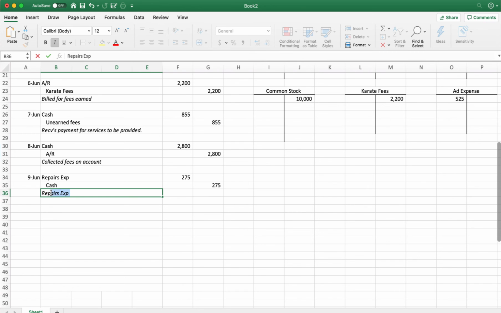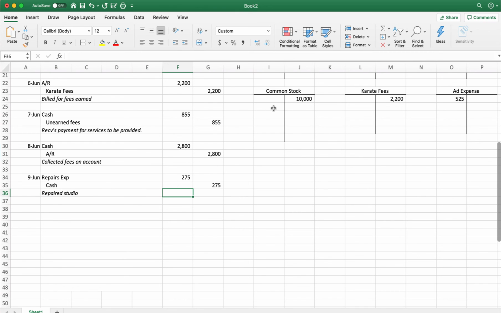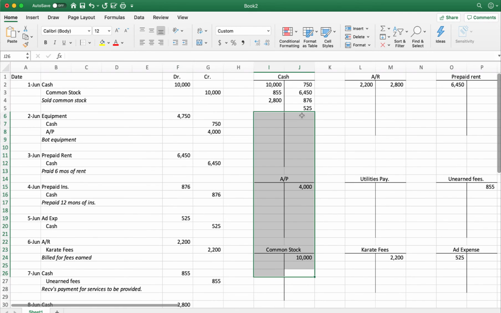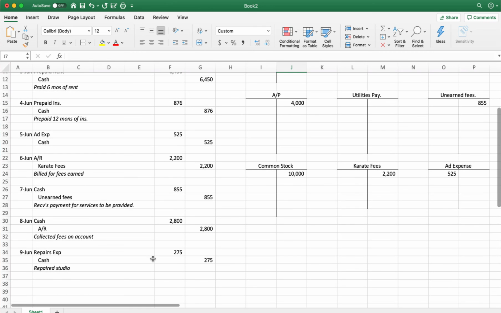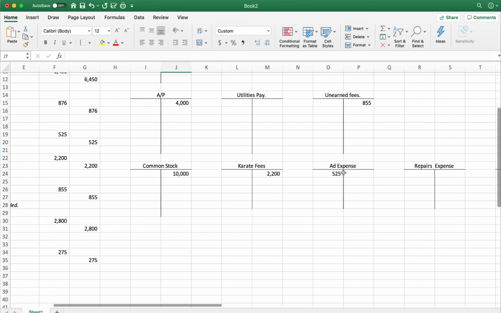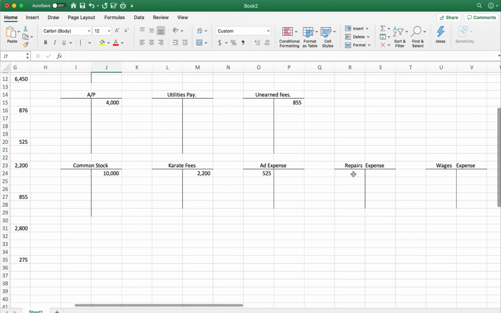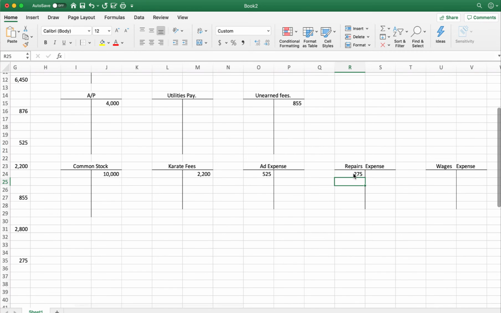I'm just going to say repaired studio. Okay. I need to post these. So I'm going to post my cash, credit cash, 275. And I need to post the debit to repairs expense. Here's my repairs expense T account, debit 275.